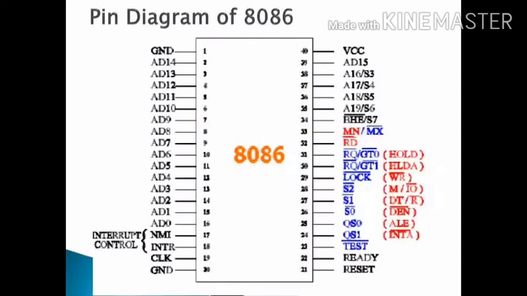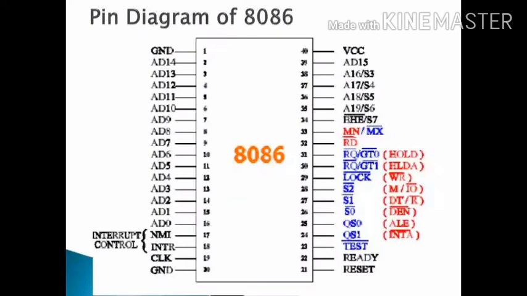So the next pins are pin number 30 and 31, and these are for request or grant operation. These are input output pins for the 8086. They can be used as input as well as output. They are active low pins.